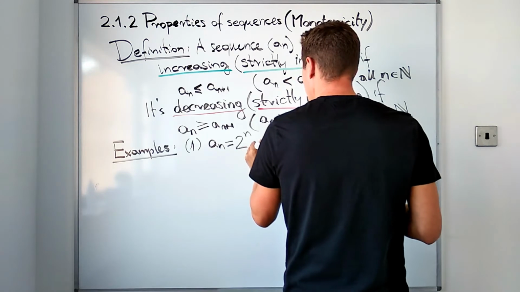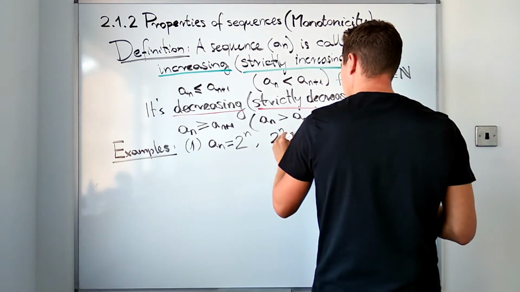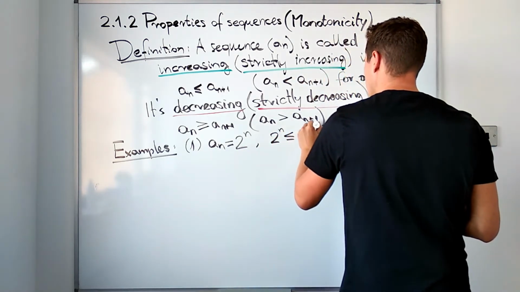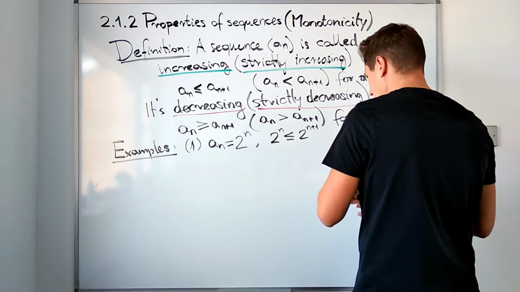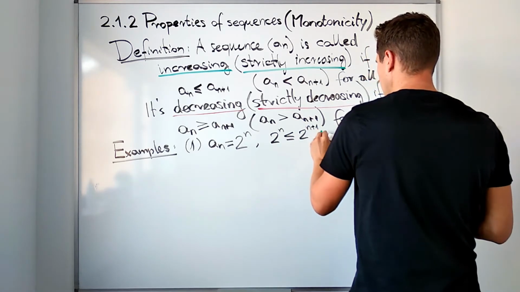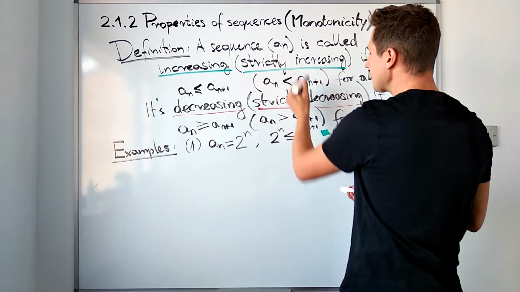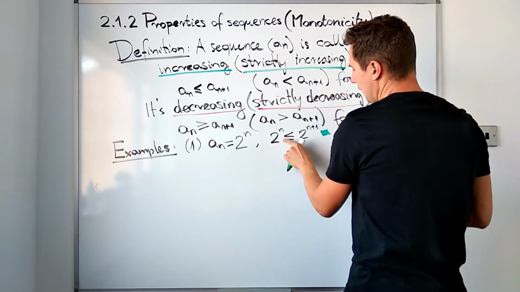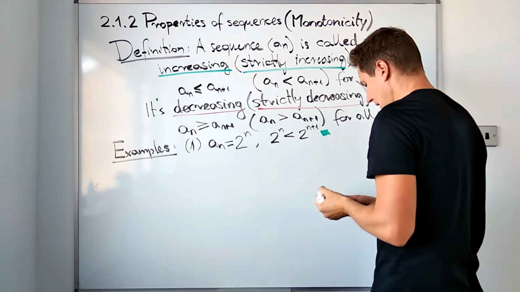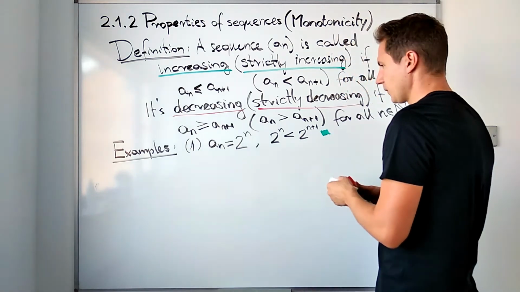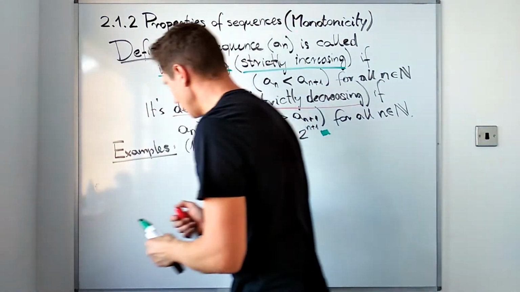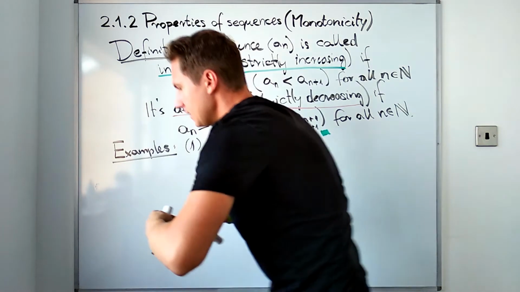It's true that 2 to the n is less than or equal to 2 to the n plus 1. This is why it's an increasing sequence, and it's strictly increasing because it's actually a strict inequality.